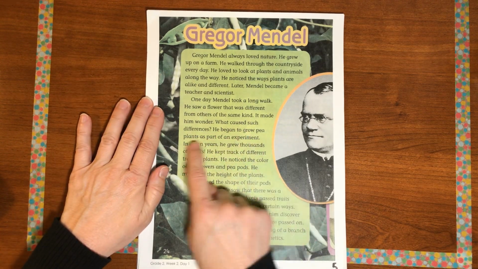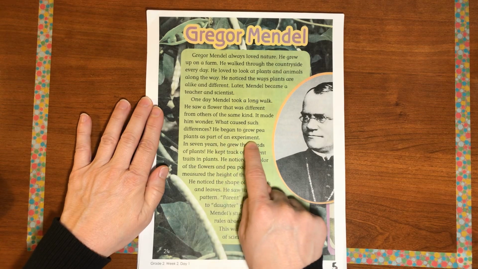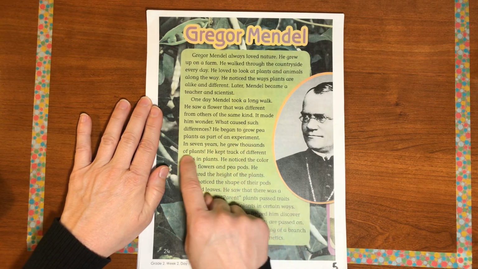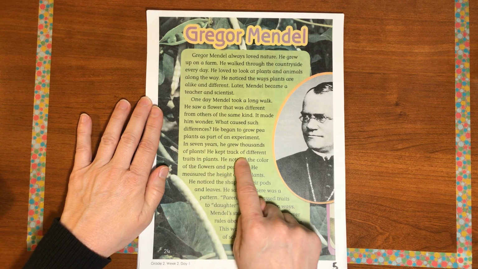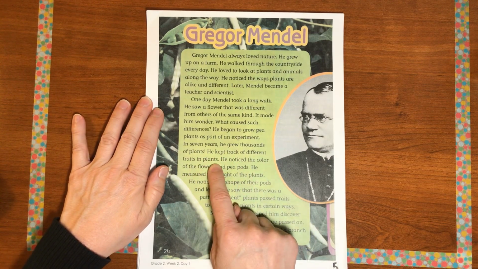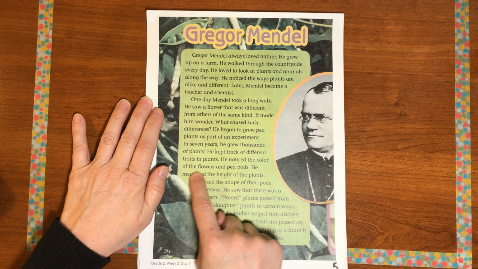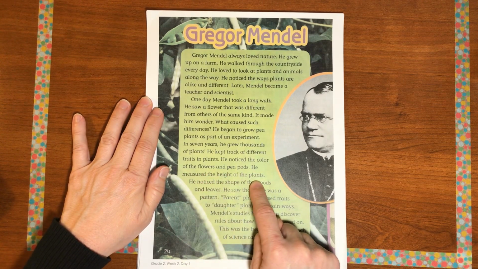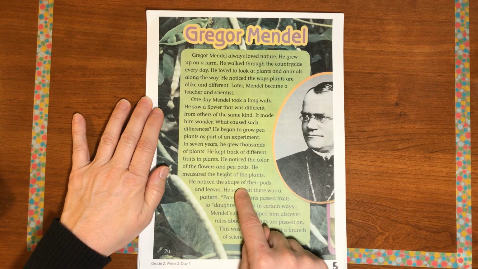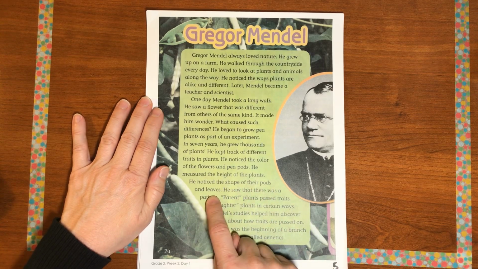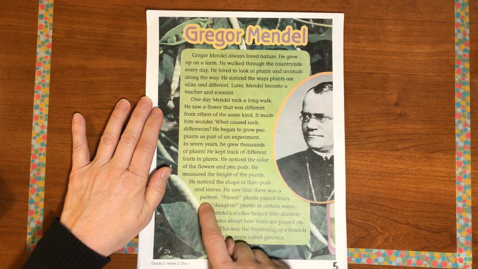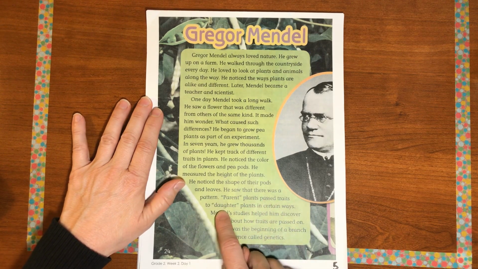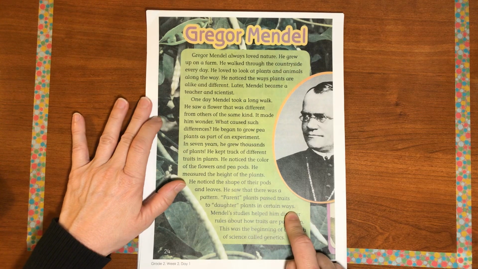He began to grow pea plants as part of an experiment. In 7 years, he grew thousands of plants. He kept track of different traits in plants. He noticed the color of the flowers and pea pods. He measured the height of the plants. He noticed the shape of their pods and leaves. He saw that there was a pattern. Parent plants passed traits to daughter plants in certain ways.